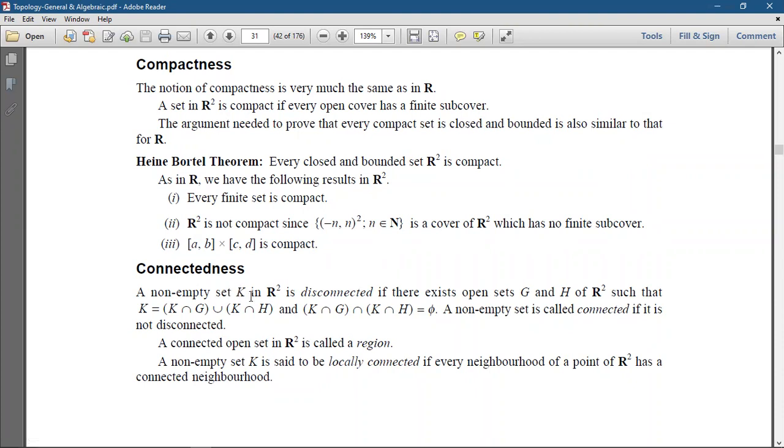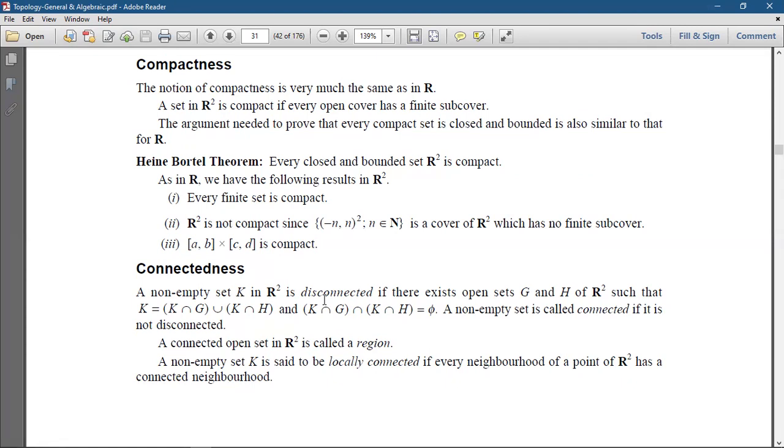A non-empty set K in R square is disconnected if there exist open sets G and H of R square such that K equals (K intersection G) union (K intersection H), and (K intersection G) intersection (K intersection H) is equal to phi.